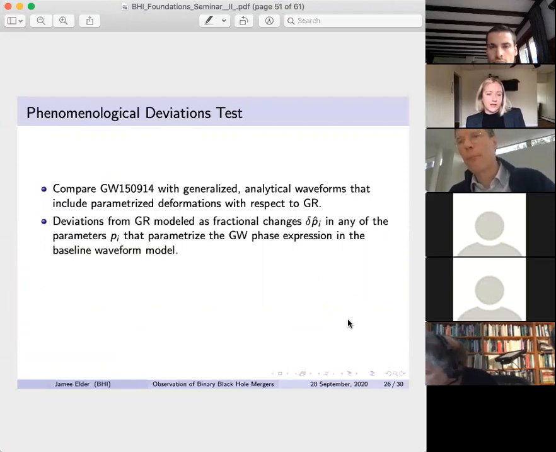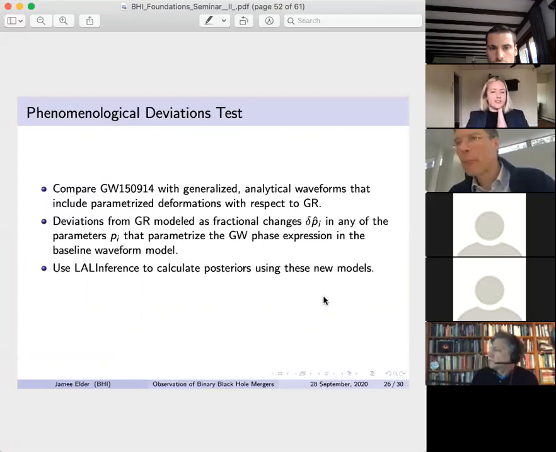So basically these deviations from GR are modeled as some kind of fractional change in any of the parameters for the gravitational phase expression in the base waveform model.